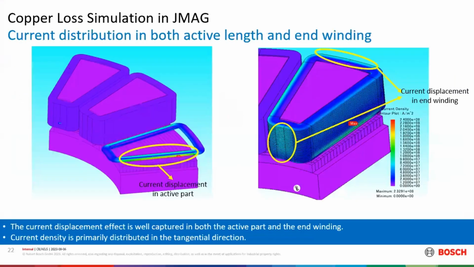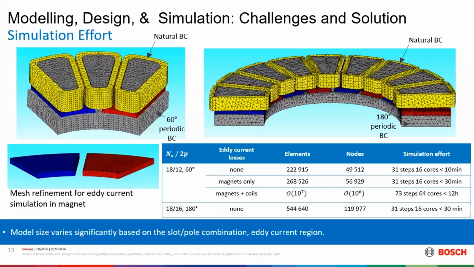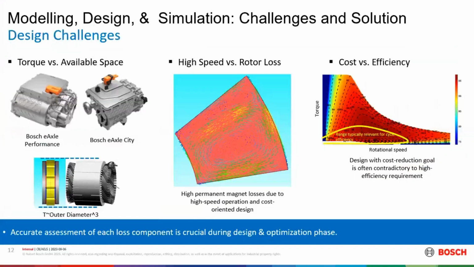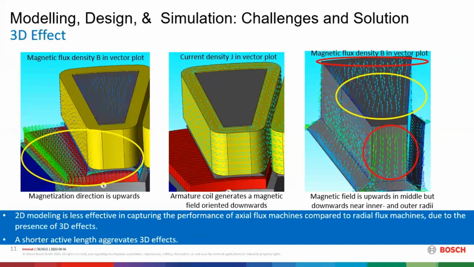Wait a minute. You don't see the lamination here, but the lamination should be in this direction. Yeah, the lamination is in this direction, meaning the flux is actually in the axial direction. Yeah, that's true. But if you use isotropic material, then you allow the flux to escape in the radial direction.